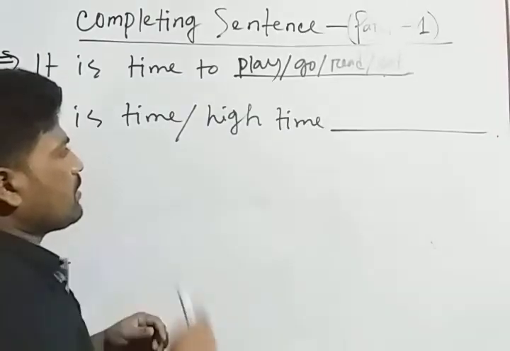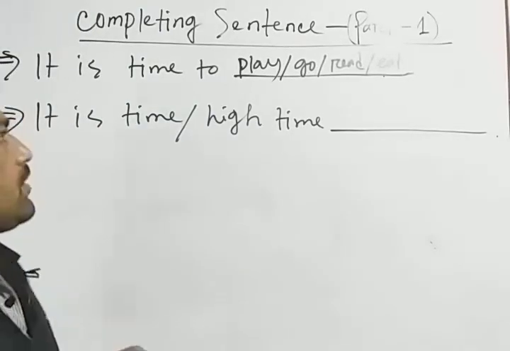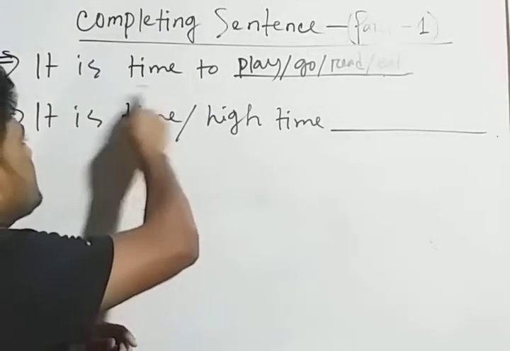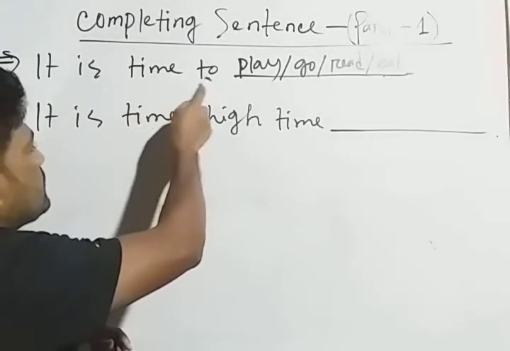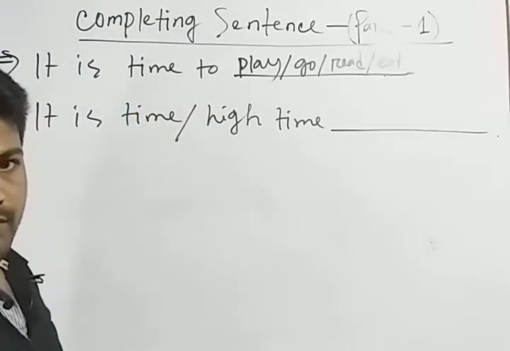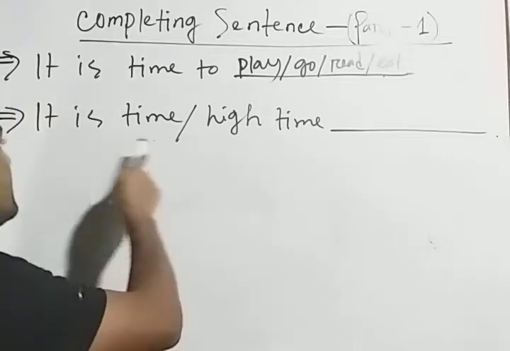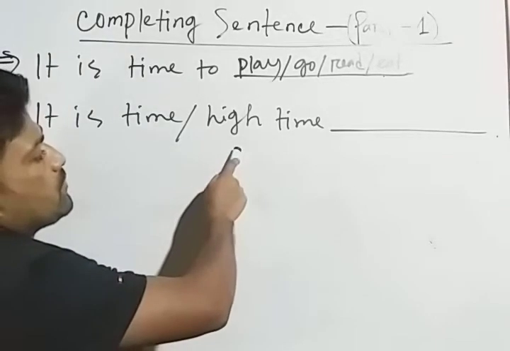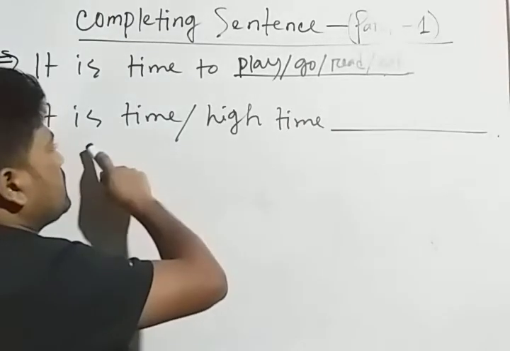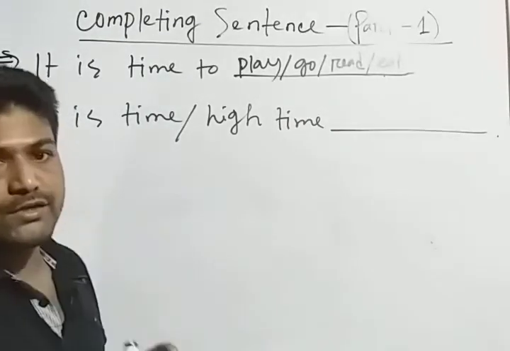It is time or it is high time. In the above example, we see that after it is time, there is a to. But in the second example, we can see that there is no to after it is time or it is high time.